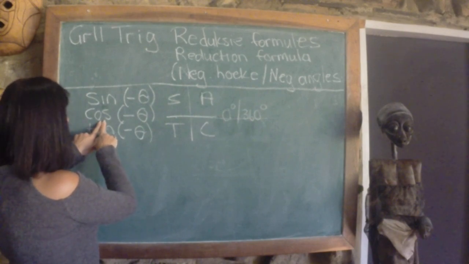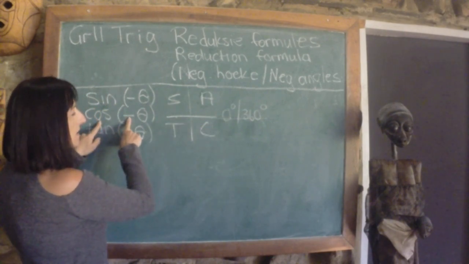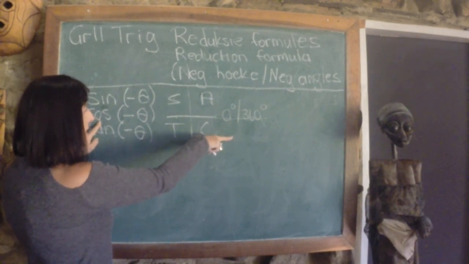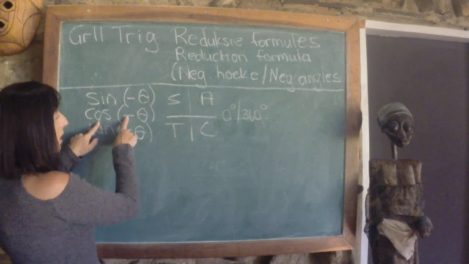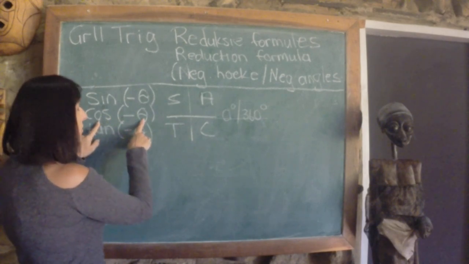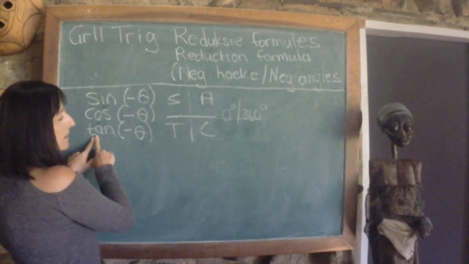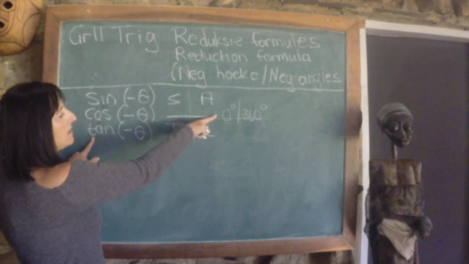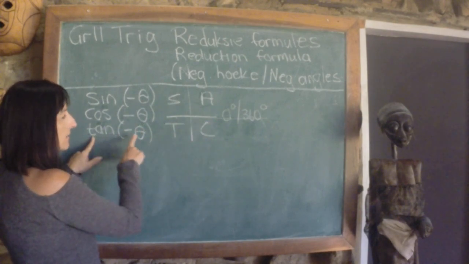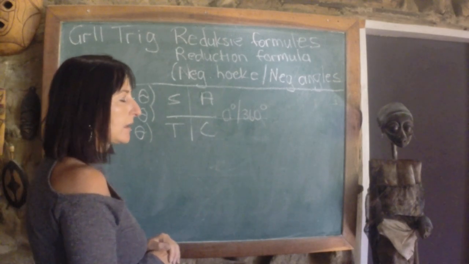As ons gaan kyk na die kos van minus theta, 360 minus theta, dan is kos hier positief. So the cos of minus theta will equal positive cos theta. En die tan van minus theta sal gelyk wees aan minus tan theta. Want tan is in die 4de kwadrant negatief.